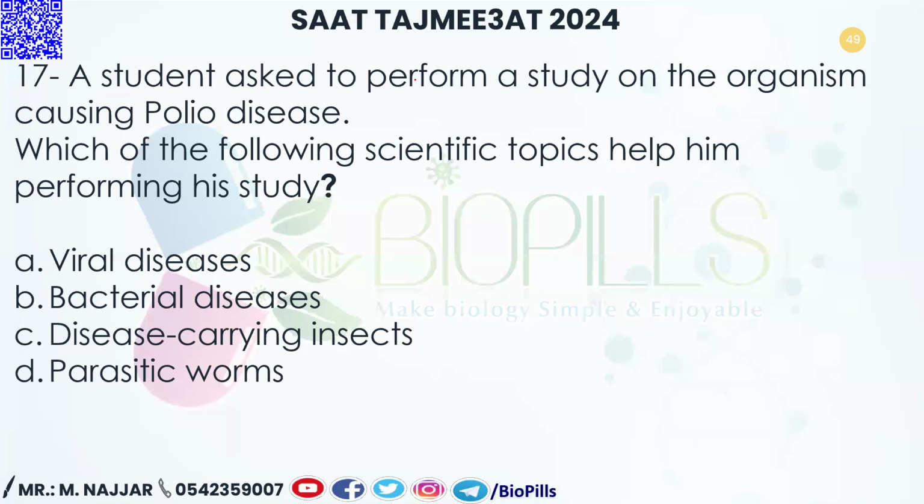He is not asking about the name, but the type. What is the type of pathogen that causes polio disease? It's viral. It's called the polio virus. Yes, correct, Faisal. You are right.